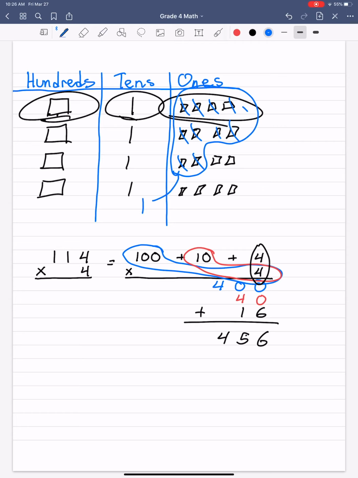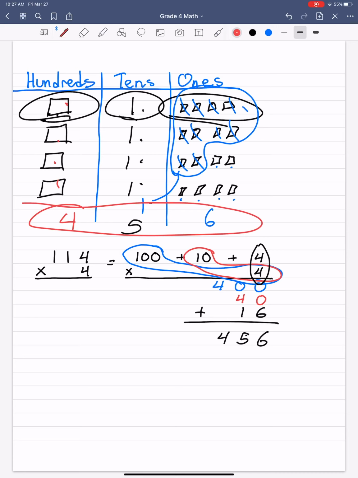And then we're left with 1, 2, 3, 4, 5, 6 ones. And we'll see how many 10s do we have. 1, 2, 3, 4, 5 10s and hundreds. 1, 2, 3, 4. 4 hundreds. So our answer there is the same, 456.